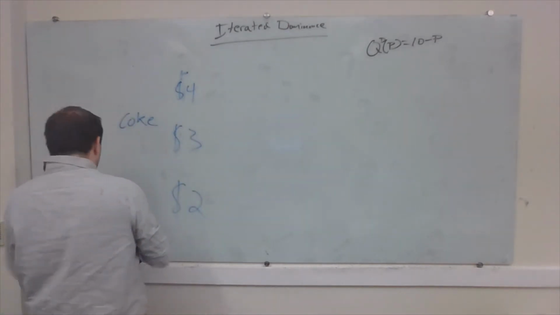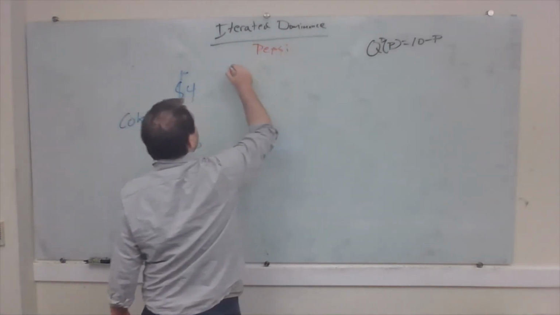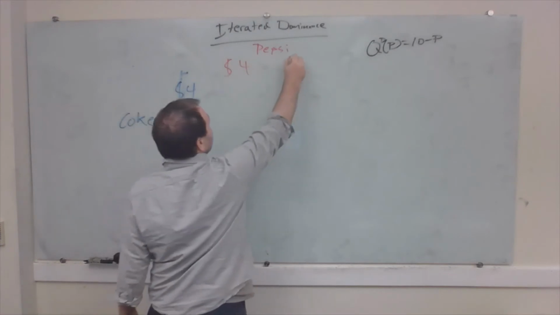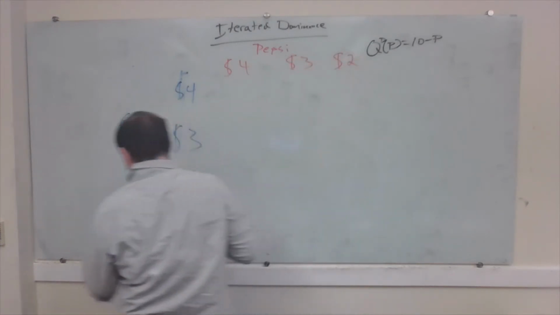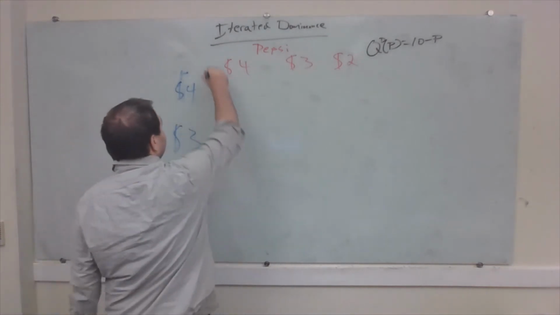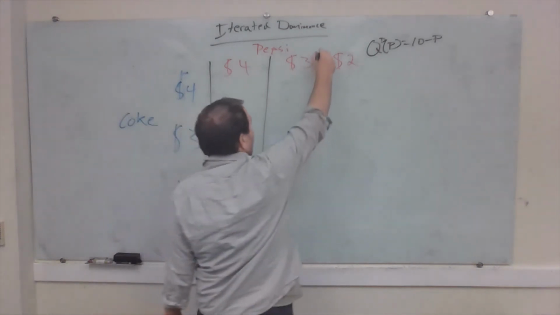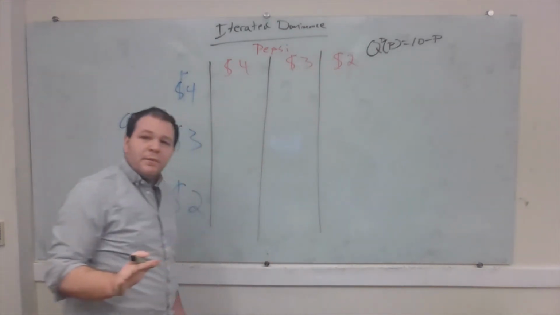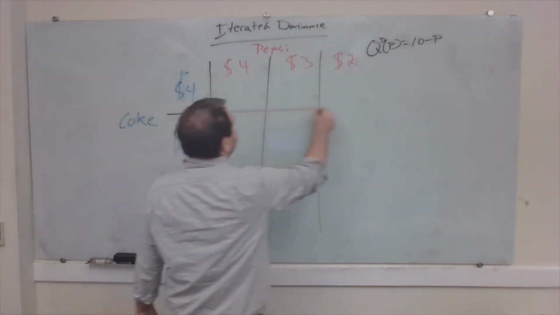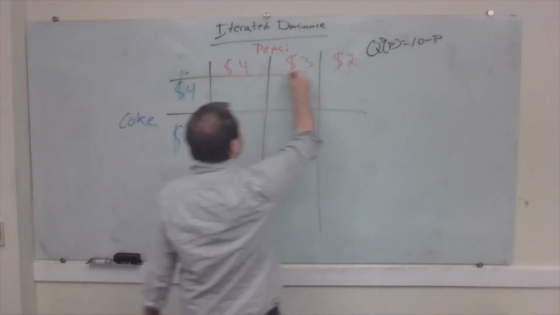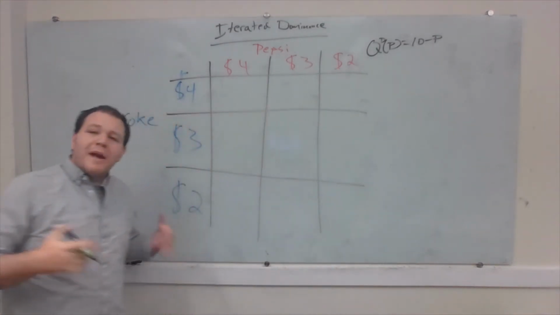And Pepsi has the same choices: $4, $3, or $2. And again, just to keep things simple, let's imagine that the soda is free to them. Their marginal costs are 0, or round down to 0. So their objective is just to get as much revenue as they possibly can.